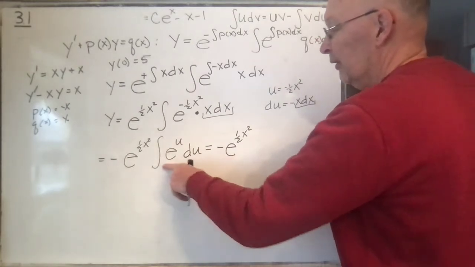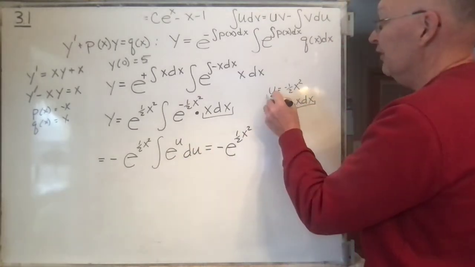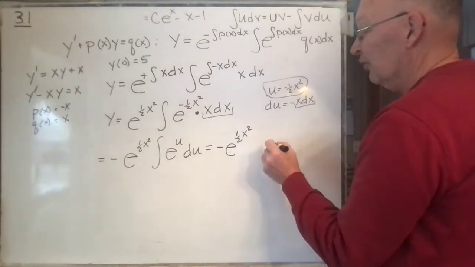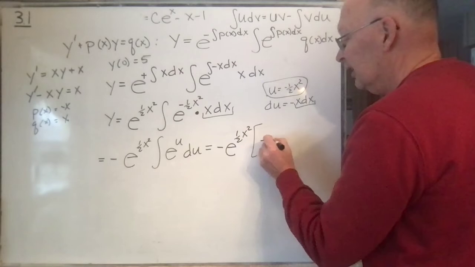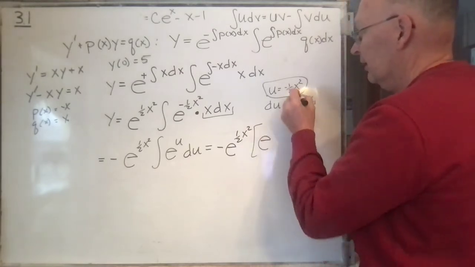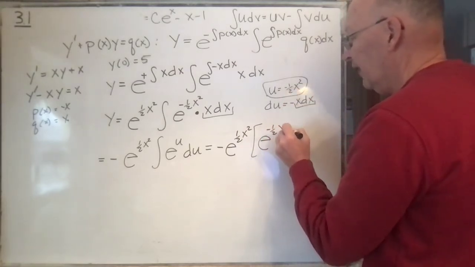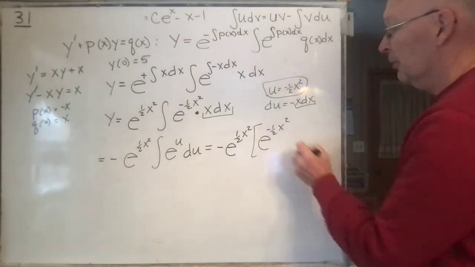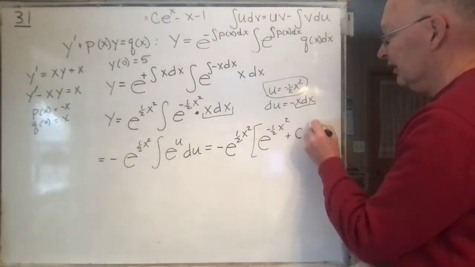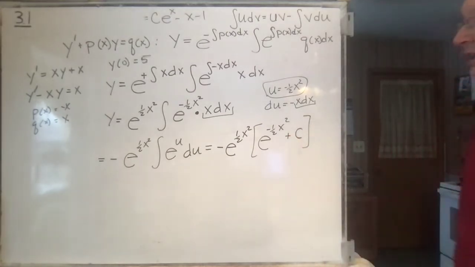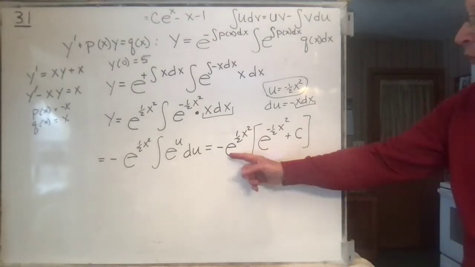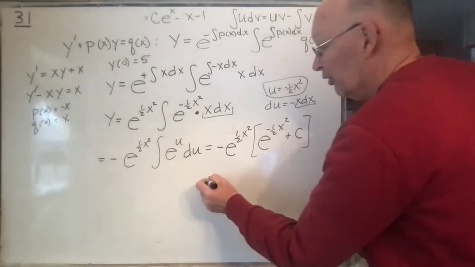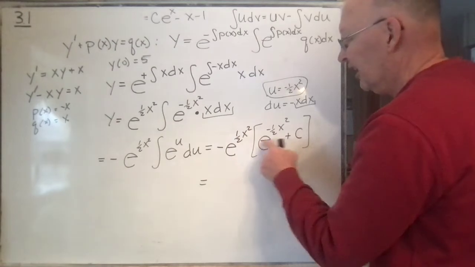Do you agree it's just going to be e to the u? So the antiderivative of this thing is just e to the u, and e to the u is just this right here. So it's just going to be e to the negative 1/2 x squared, plus c, obviously. Notice how important that c is. Because now when you multiply back through, notice what you're going to get. This cancels with this.